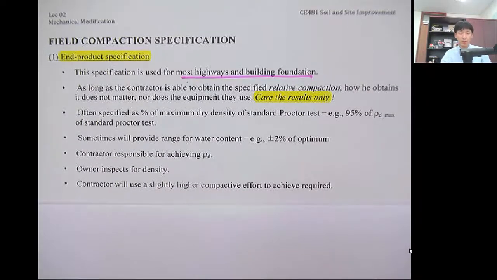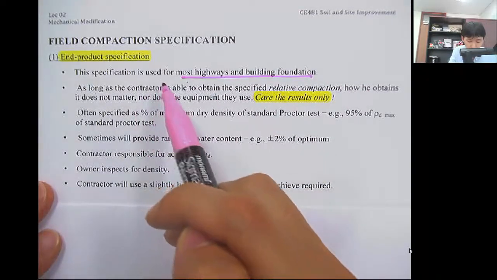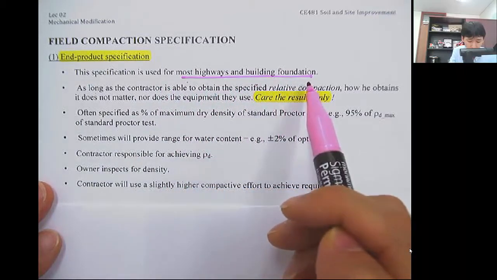So the field compaction specifications, there are two types. First is the end product specification, and this specification is used for most highways and the building foundation.